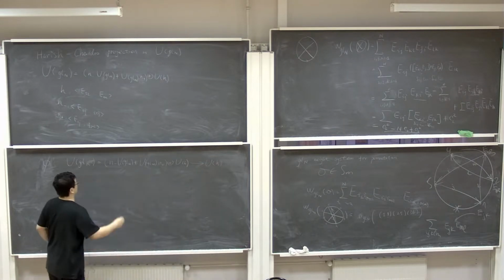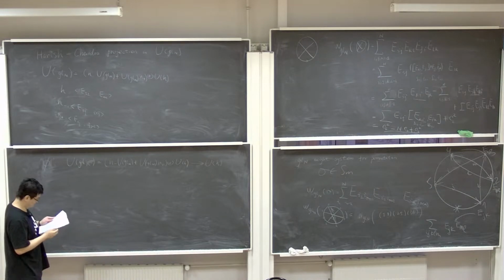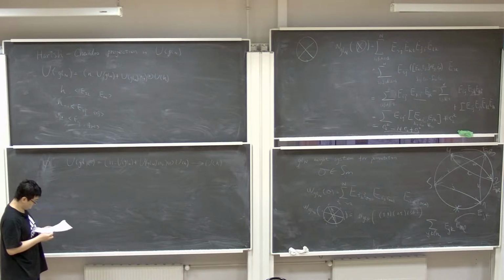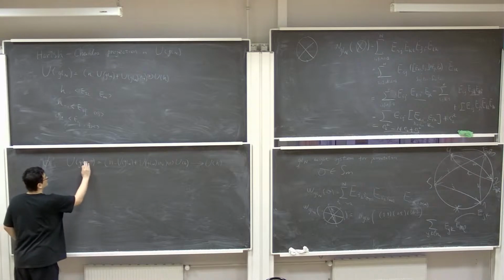For example, the universal enveloping algebra of GLN is non-commutative, while the Cartan subalgebra in GLN is commutative, and therefore its universal enveloping algebra U(H) is also commutative.